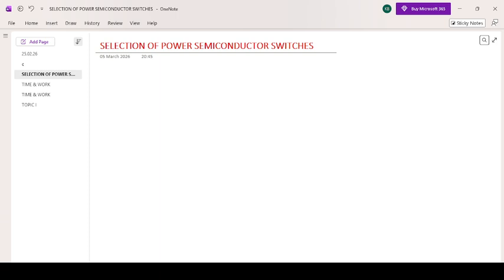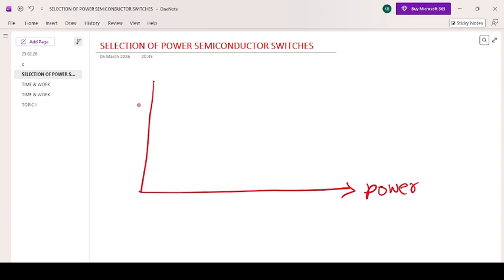In the x-axis, the power range of the devices is taken, and in the y-axis, the operating frequency of the device is taken, like this. So in the x-axis, the power rating of the device is taken, whereas in the y-axis, the operating frequency of the device is taken.